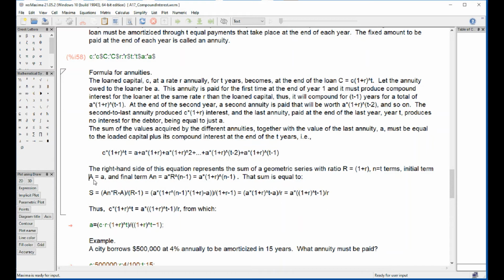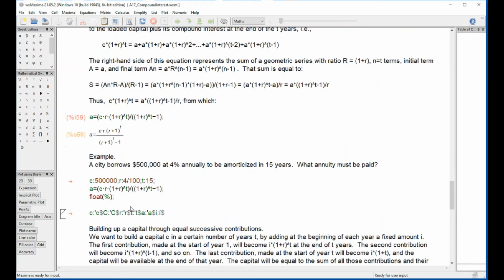So if we hold the first term A and the nth term, it will give you these results, and the sum, we remember, is equal to this. And so if we equate that result with the initial capital, then we have a formula for the annuities: initial capital multiplied by the rate, multiplied by (R plus 1) to the number of years, divided by (R plus 1) to the number of years, minus 1.